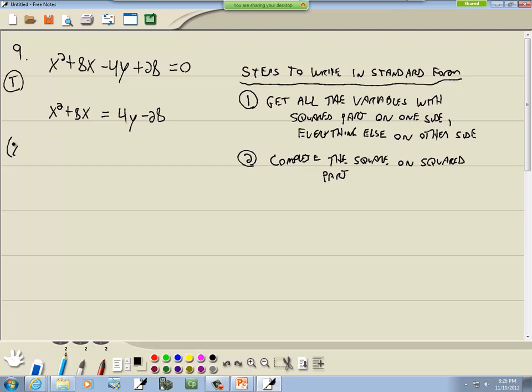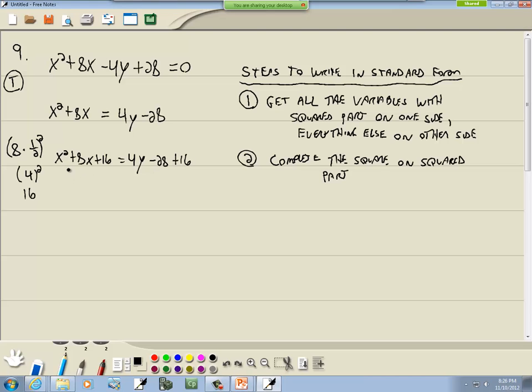Remember, in completing the square, you take the number before your x, which is 8, and you always multiply it by half, and you always square it. Well, 8 times a half is 4, and 4 squared gives us 16. And then we're going to add that to both sides. So we got x squared plus 8x plus 16 equals 4y minus 28 plus 16.